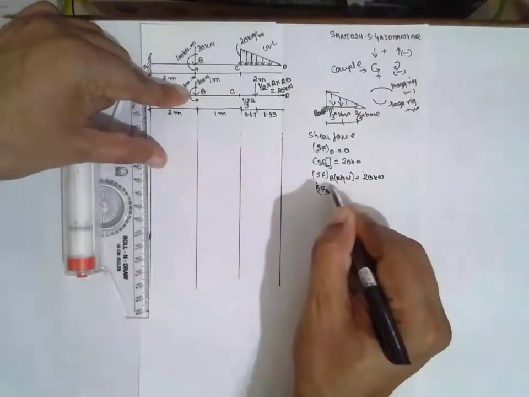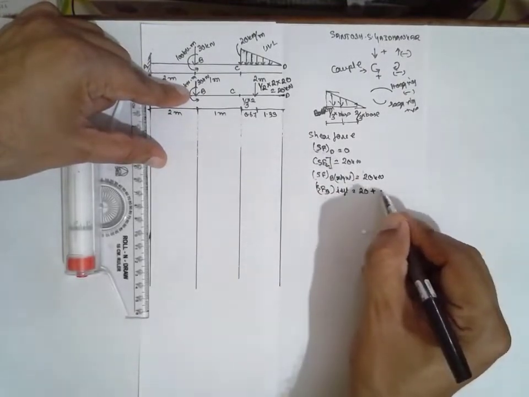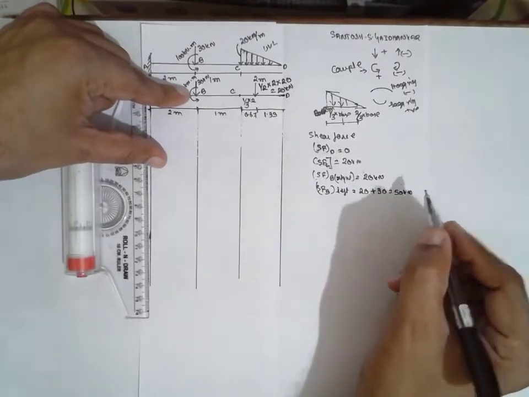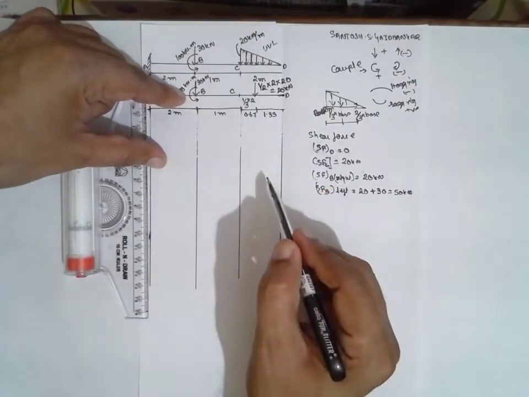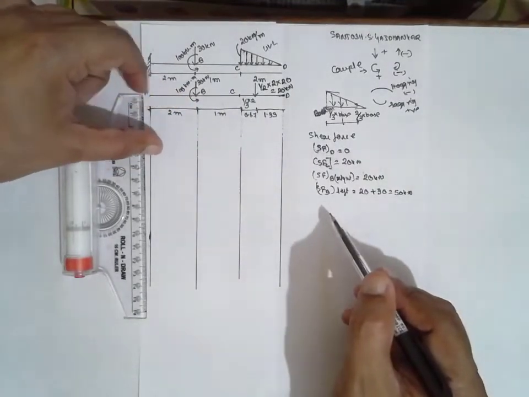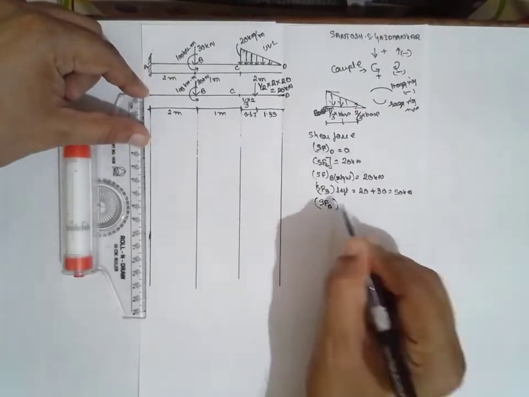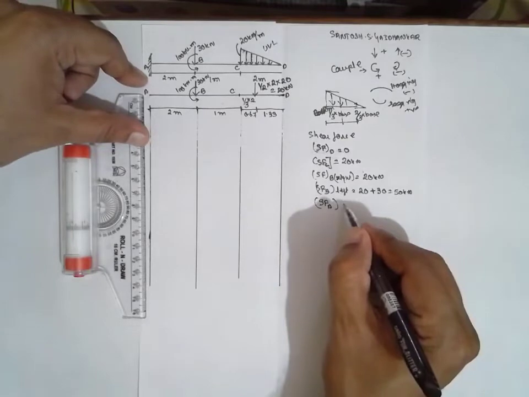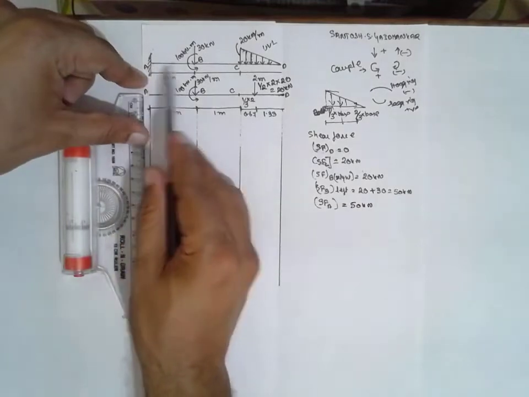SF at B left includes 20 plus 30, which is nothing but 50 kilonewton. While doing the shear force, we have to avoid the couple, and the couple has to be considered when we calculate the bending moment. Now at A there is no load acting, therefore a single digit, which is nothing but 50 kilonewton.